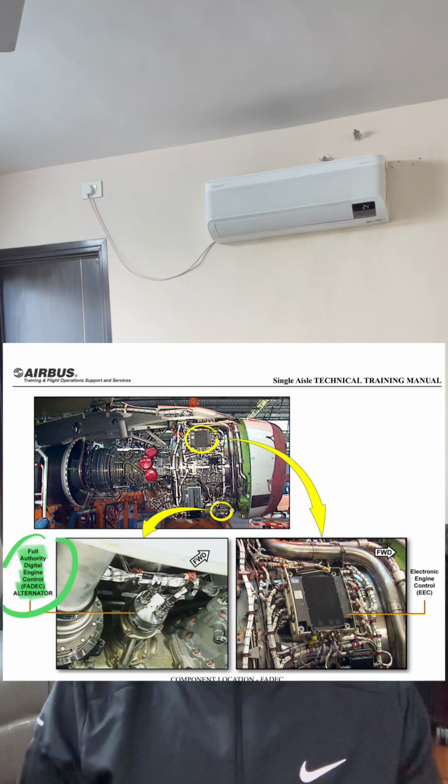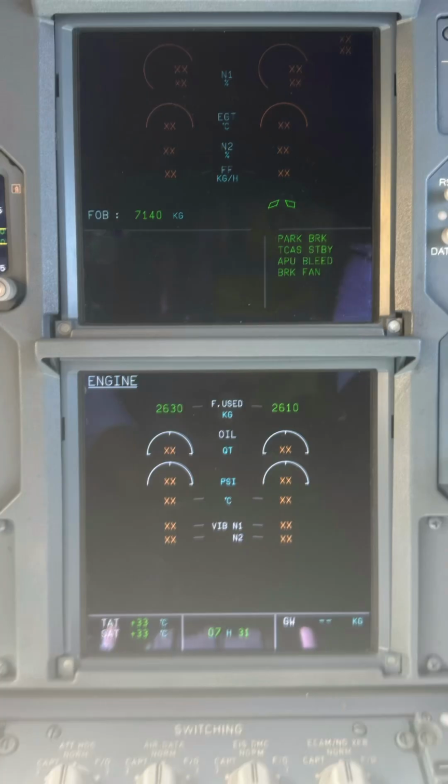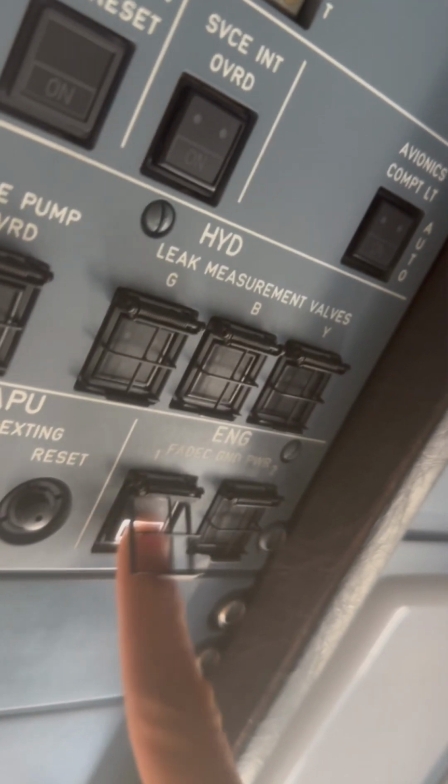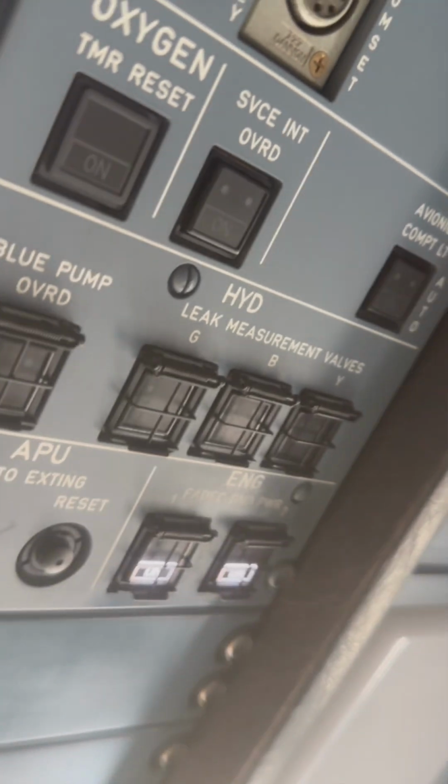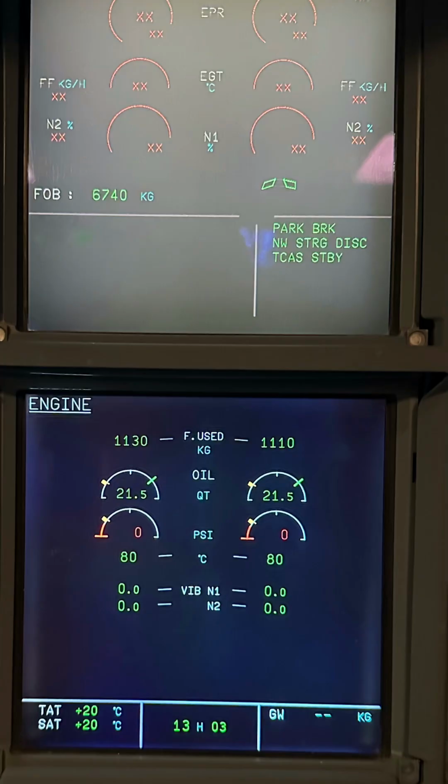When the engine is not running, the FADEC uses the aircraft's power to power itself. One scenario is when we turn the FADEC ground power push buttons on, using the push buttons on the top. We basically tell the FADEC to use the aircraft's power and power itself up, and that's how we view the engine parameters.